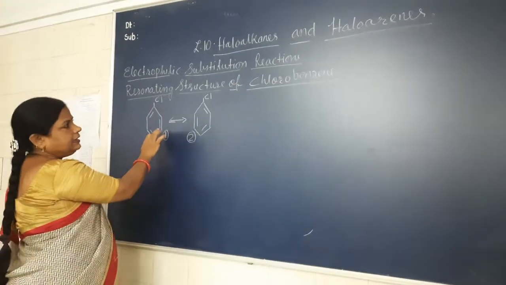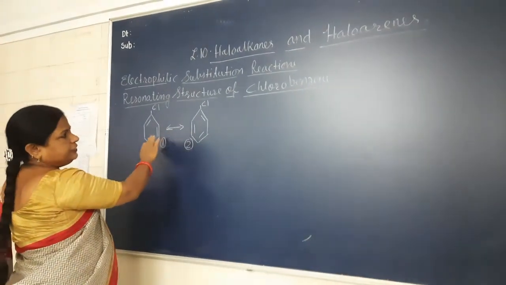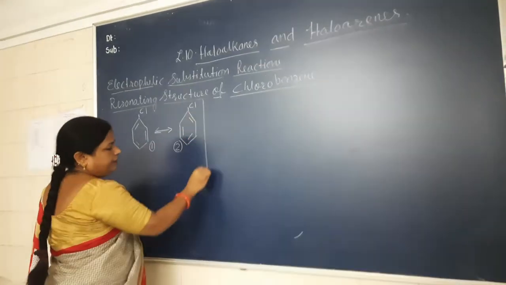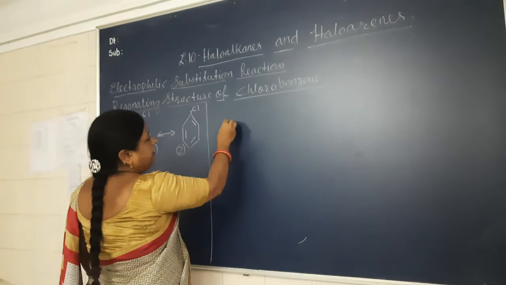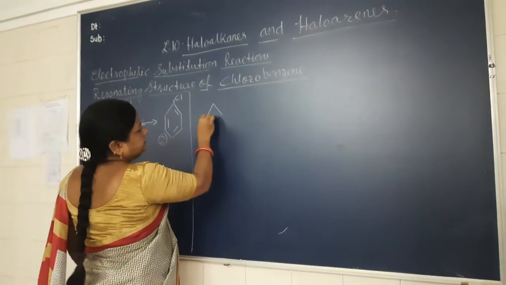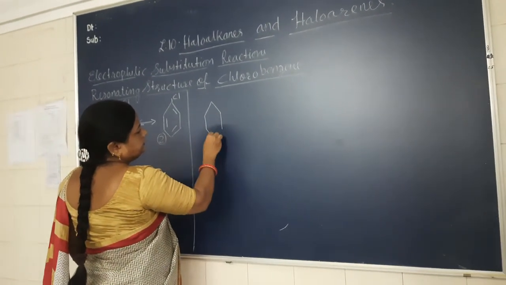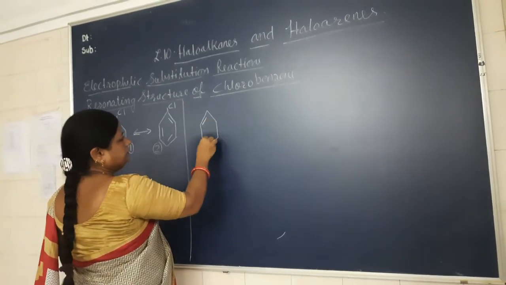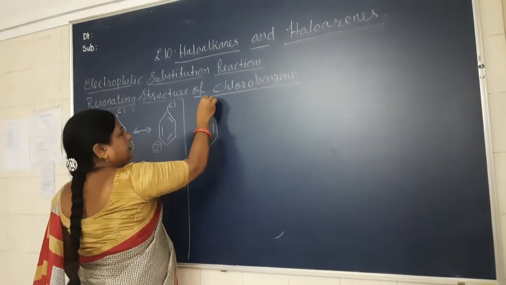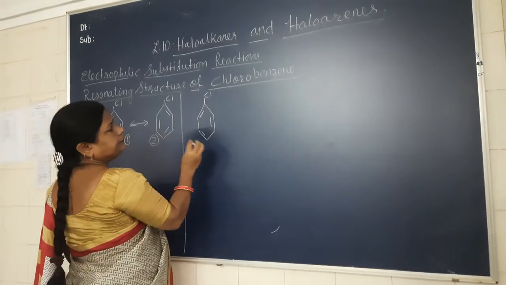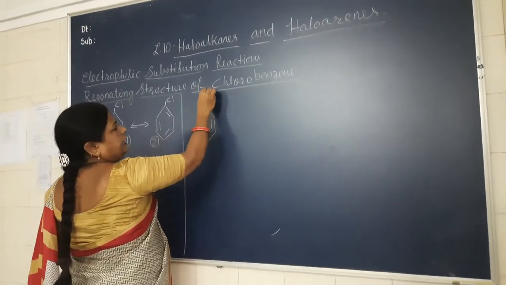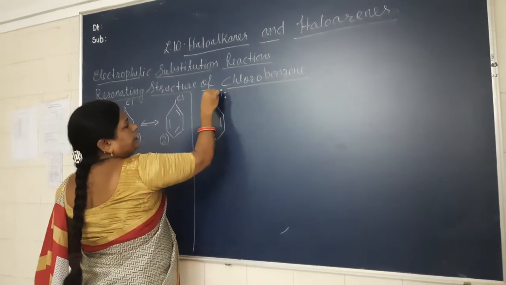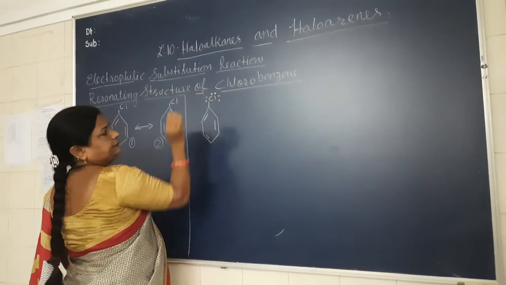Now we have to understand how the mechanism of the resonating structure changes. Okay? First of all, I will draw chlorobenzene. This is chlorobenzene. How many atoms? How many electrons are there? 1, 2, 3, 4, 5 and 6.